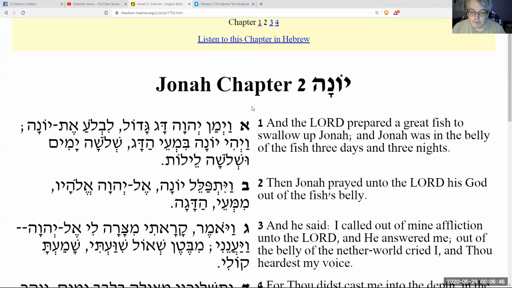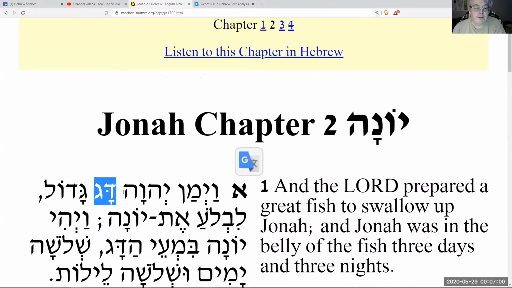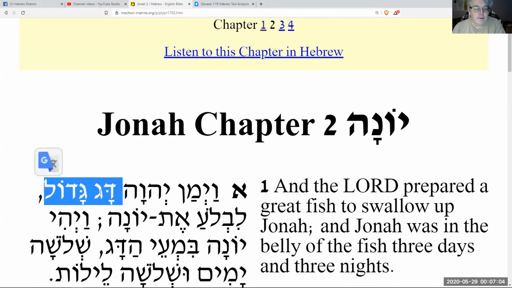In the Hebrew, it's the first verse of chapter 2. And here we see a great fish had been prepared. So we see fish there is dag. I'm highlighting it for you. Make it a little larger. So you've got dag, gadol. Fish there is masculine singular, and so gadol is masculine singular.